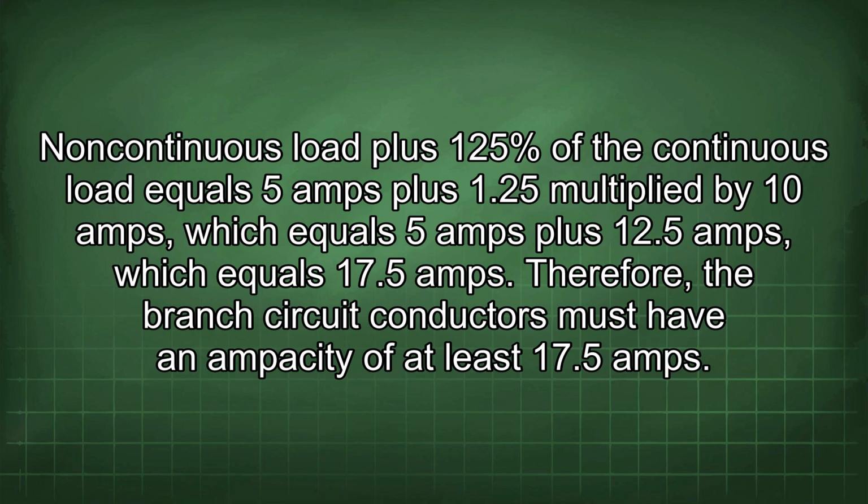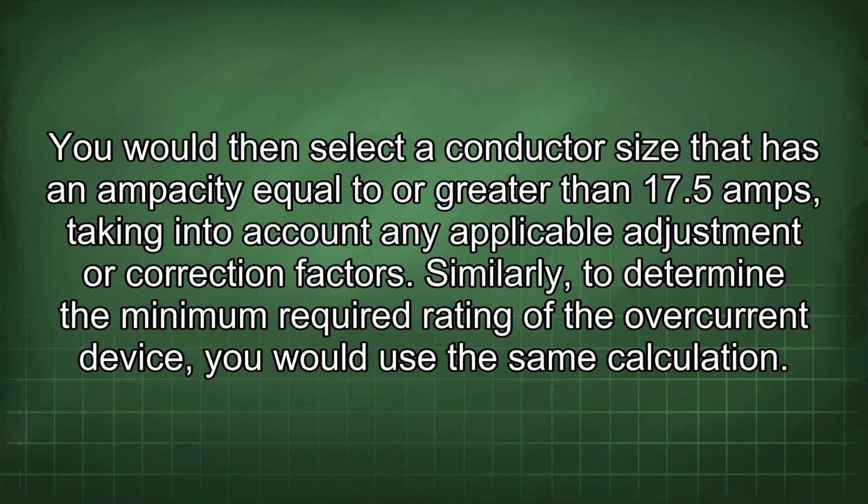Non-continuous load plus 125% of the continuous load equals 5 amps plus 1.25 multiplied by 10 amps, which equals 5 amps plus 12.5 amps, which equals 17.5 amps. Therefore, the branch circuit conductors must have an ampacity of at least 17.5 amps. You would then select a conductor size that has an ampacity equal to or greater than 17.5 amps, taking into account any applicable adjustment or correction factors.